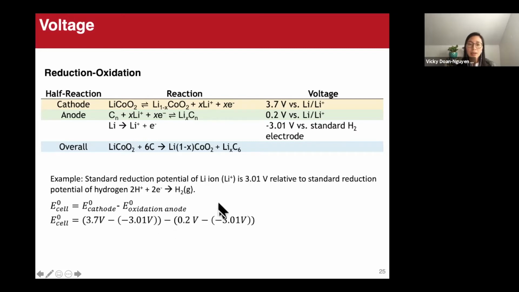And the anode is 0.2 volts versus lithium, which is once again offset by 3.01 volts versus standard hydrogen potential. And so what we get overall is 3.5 volts. Now, if this cell were just versus lithium and not versus carbon, then we would have a 3.7 volt cell because it's no longer offset by 0.2.